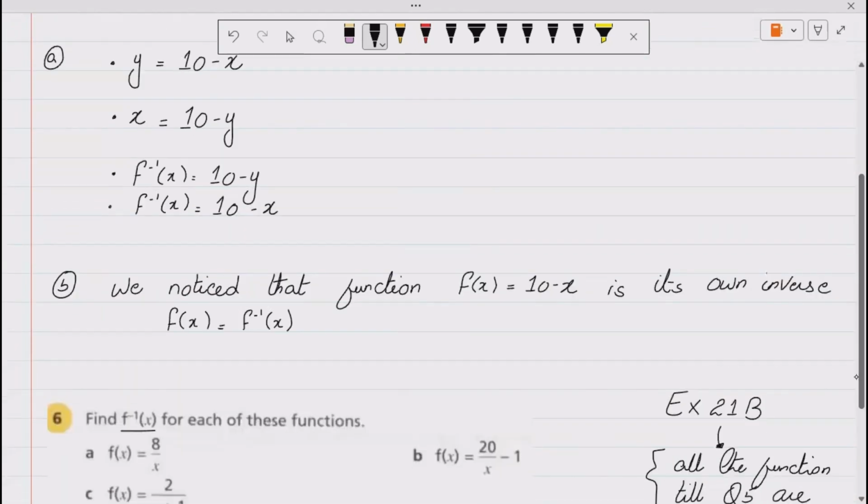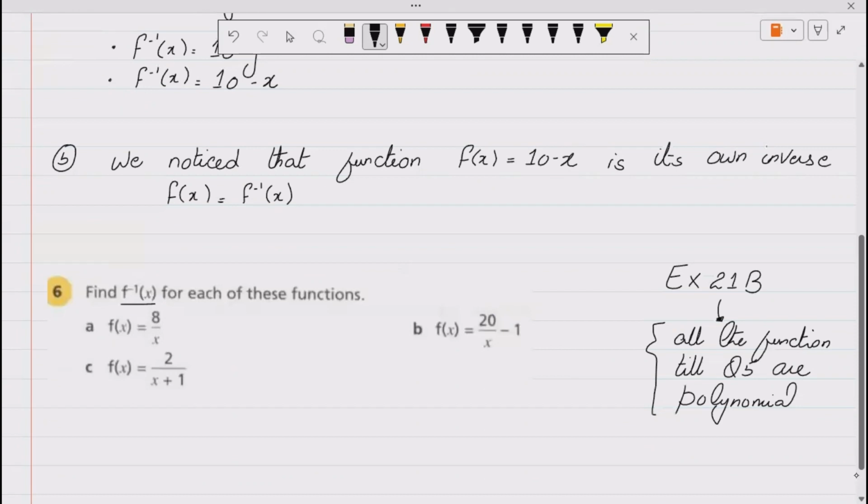So polynomials are those functions in which the power of the variable is positive. Whatever variable our function has, x, y, z, whatever variable up till now we have in a function, all the variables have positive power.